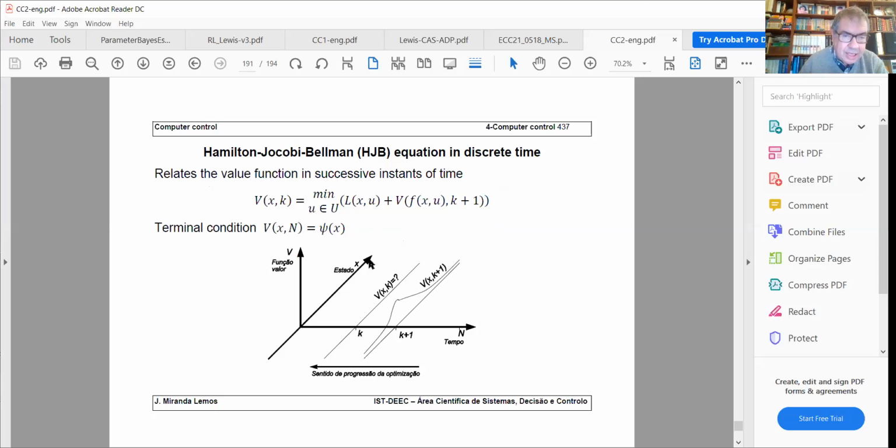And well, the exact solution verifies this Hamilton-Jacobi-Bellman equation. But we have seen that the Hamilton-Jacobi-Bellman equation has a number of problems. So a number of people did two things. One thing is to find versions of this equation which are approximations, and they are simpler to solve.